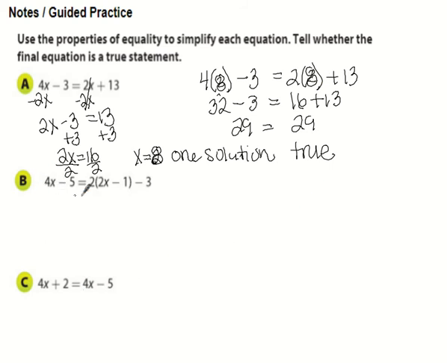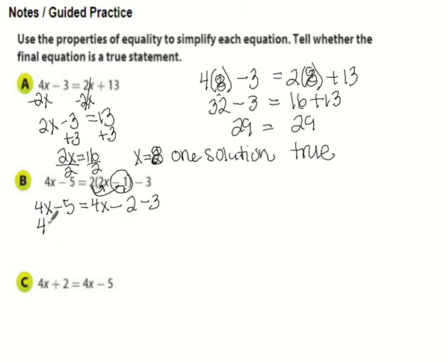Alrighty, so let's do B. We're going to distribute by 2 first, only into the parentheses. So we're going to get 4x minus 5 equals 4x minus 2 minus 3, because we have to bring this down. It's negative 2 because it's 2 times a negative 1. Okay, don't lose that negative.